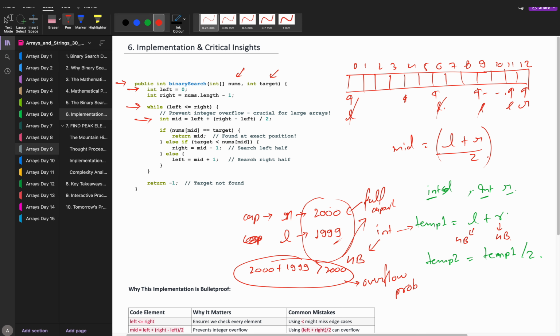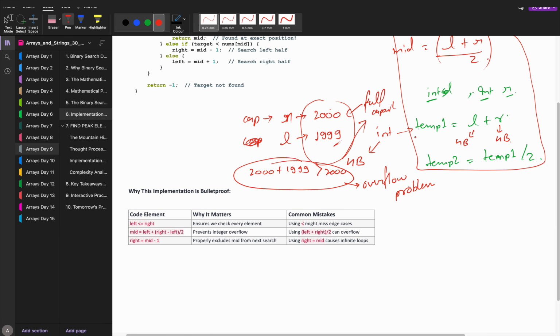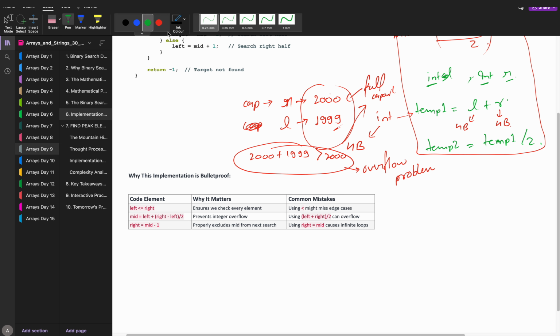Overflow problem. That's why instead of doing these steps, what do we try to do? We try to do it like this. Mid is equal to left plus right minus left divided by 2.